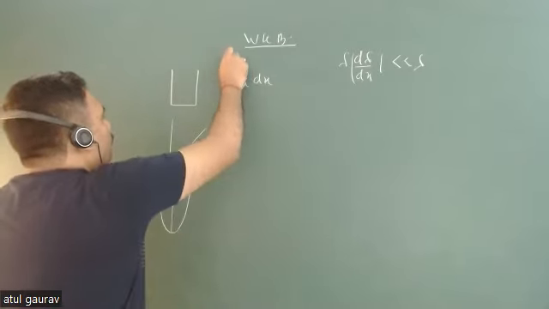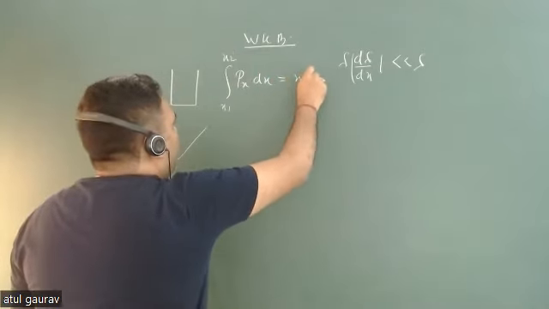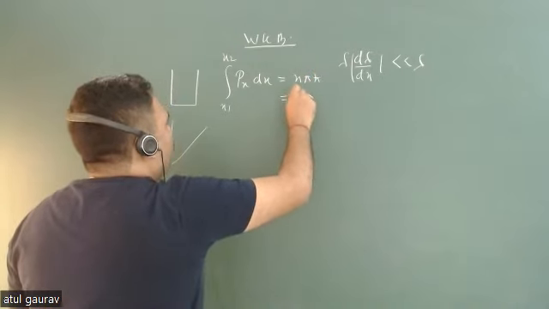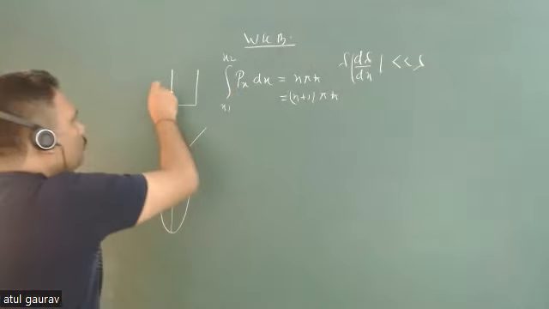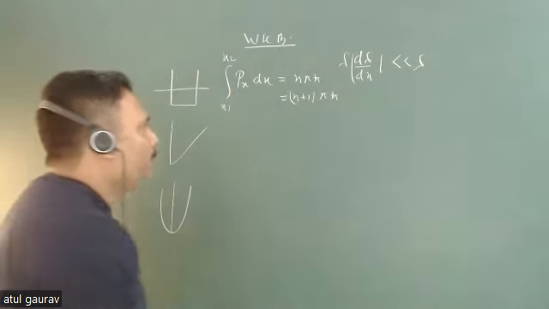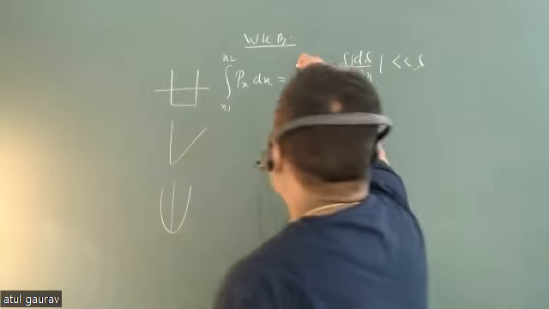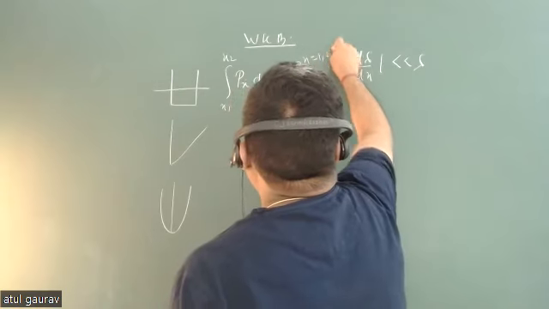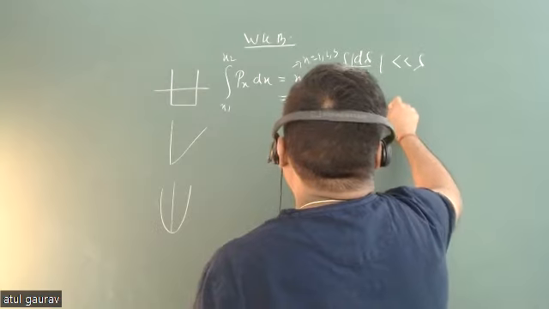Integral of p dx from x1 to x2 is equal to what? N pi h cut, or you can write n plus 1 pi h cut. What are x1 and x2? They are the turning points. Okay, so this is your turning point. For the first one, you have n is equal to 1, 2, 3, and here you can go for n is equal to 0, 1, 2, 3.